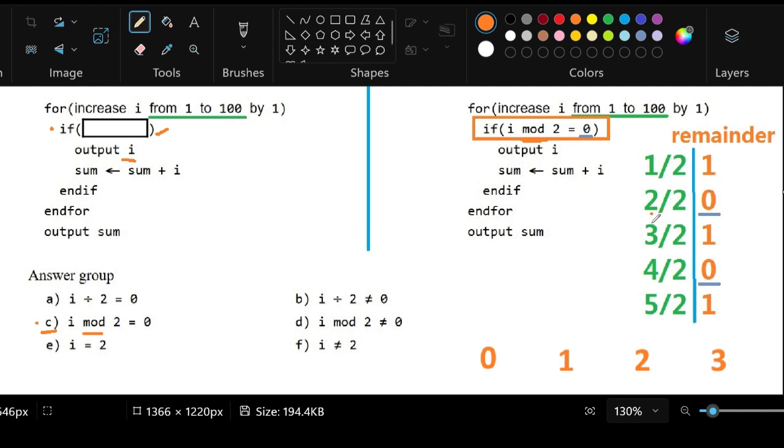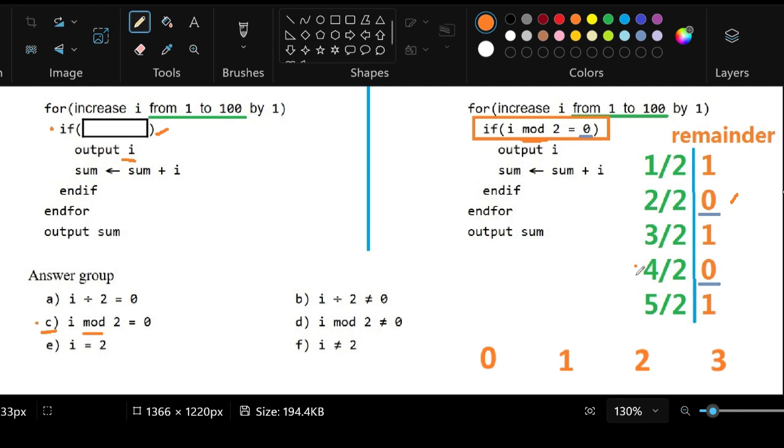Now, for 2 divided by 2, how many 2's are there in 2? We know that there is 1, and therefore there would be no remainders. 3 divided by 2, how many 2's are there in 3?